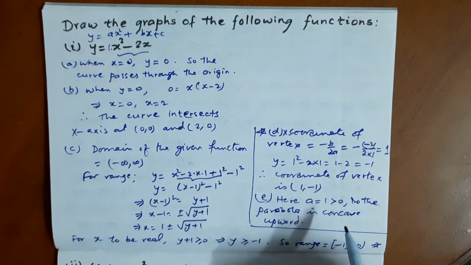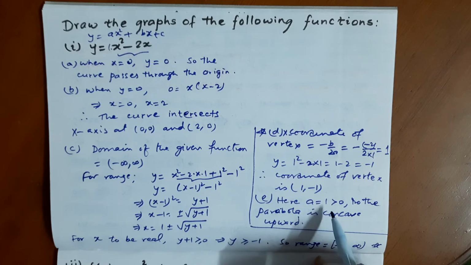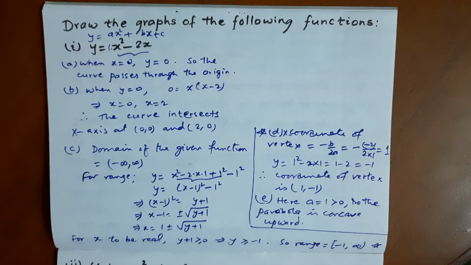You know that if a is bigger than 0, then it is concave upward, and if a is less than 0, it is concave downward.